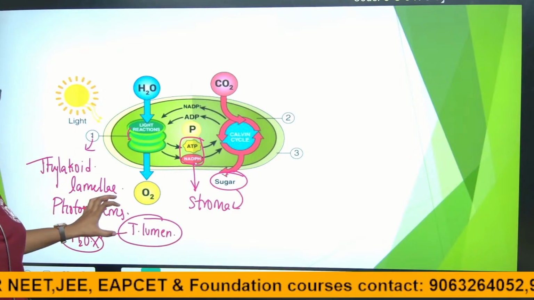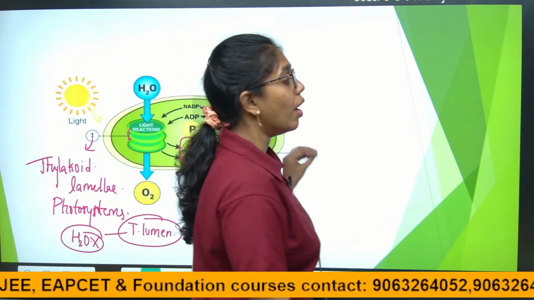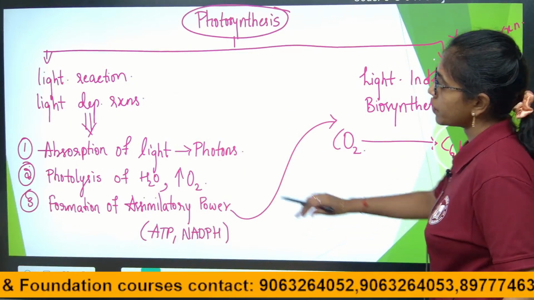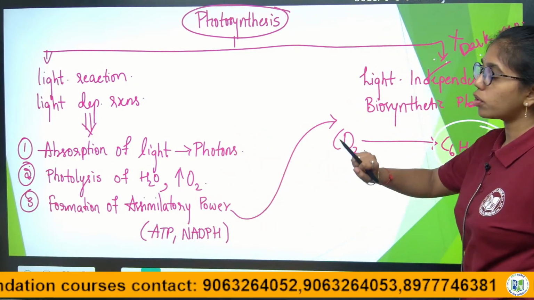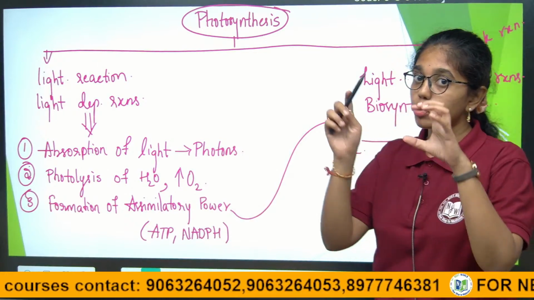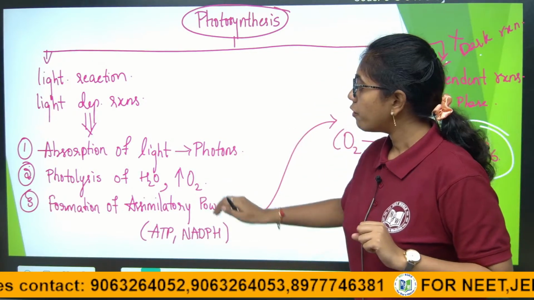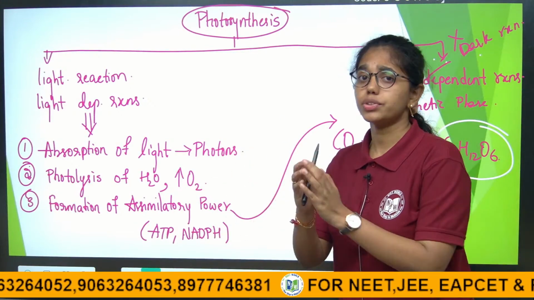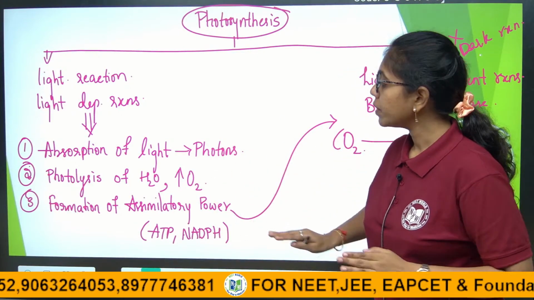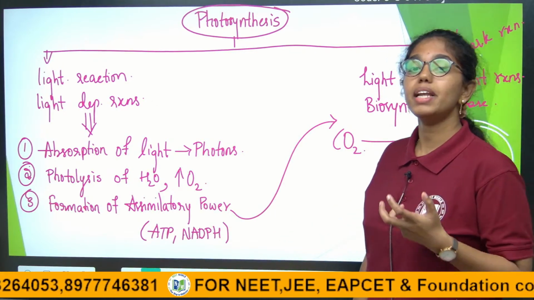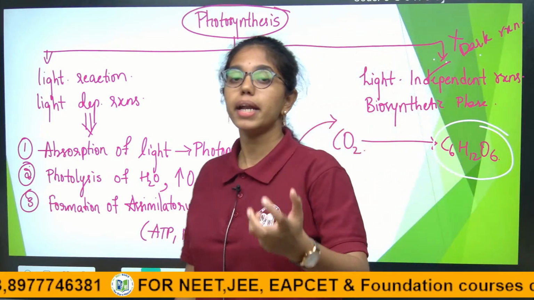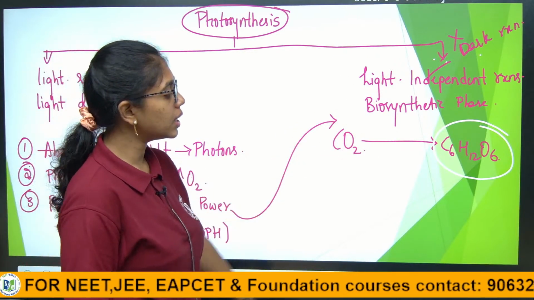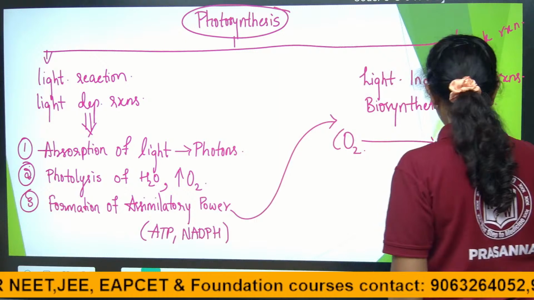It is very important for you to know where the actual steps or synthesis are happening. Absorption of light in the form of photons occurs in the thylakoid membrane because it has photosystems. Photolysis of water or oxygen release takes place in the thylakoid lumen, and formation of assimilatory power, both ATP and NADPH, takes place in the stroma, and glucose synthesis also takes place in the stroma.